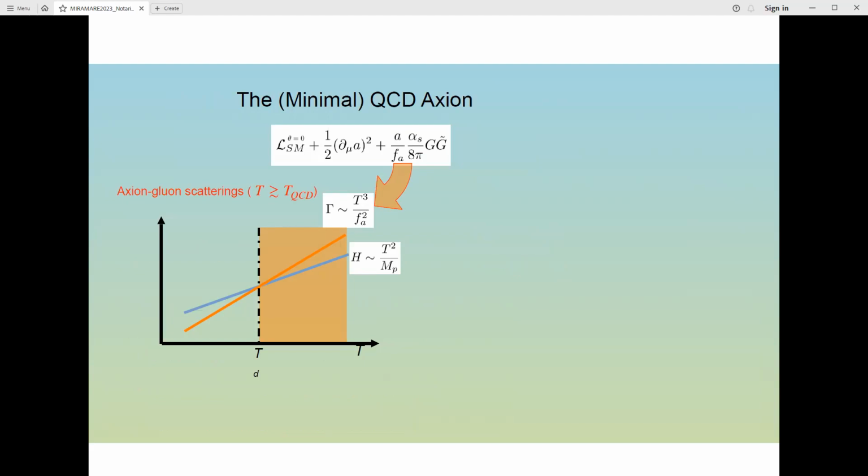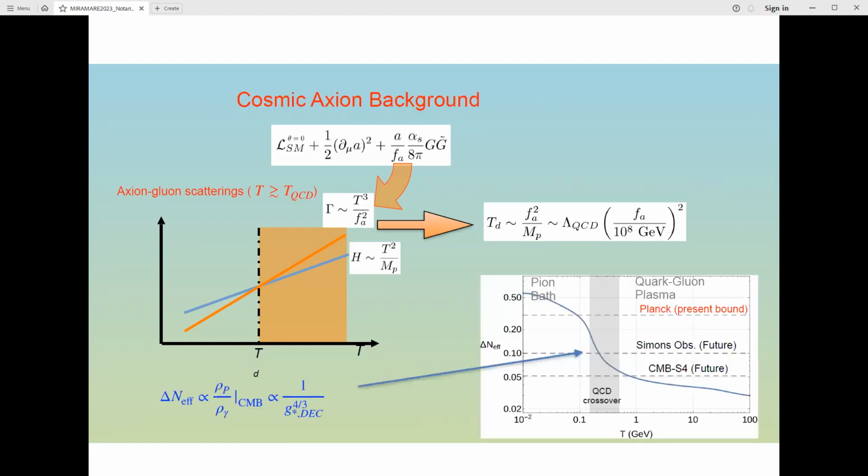Comparing with Hubble, one immediately realizes that at high temperature, they are in equilibrium. So this is a very similar situation to what happens with the neutrinos. And the decoupling temperature is essentially just by equating these two quantities, and it is typically, for FA larger than 10 to the 8, around or above lambda QCD. Okay, so that's immediately what comes out.